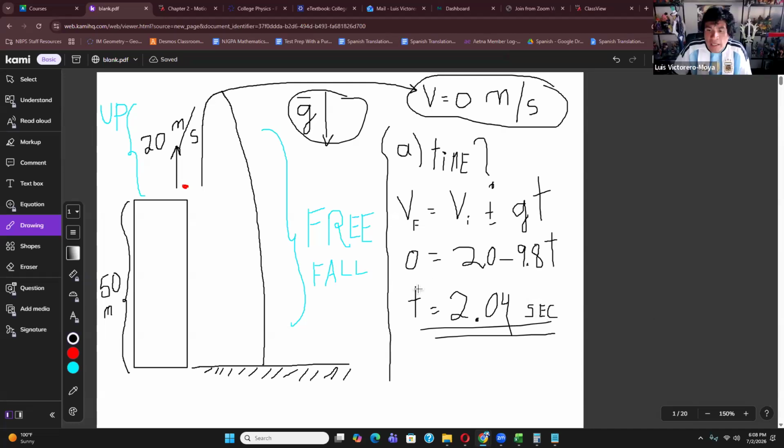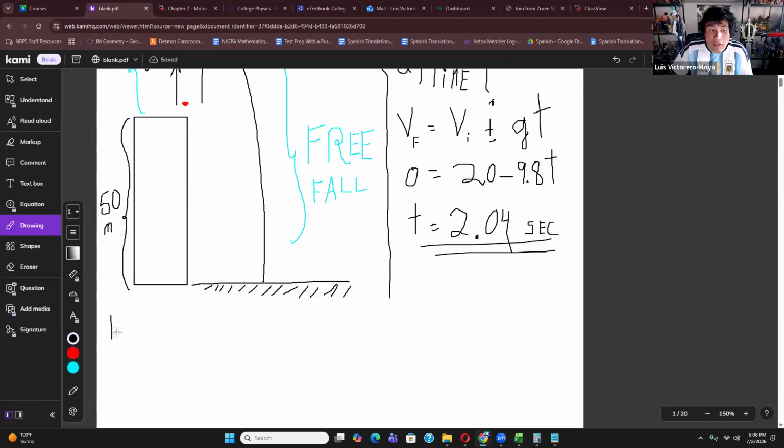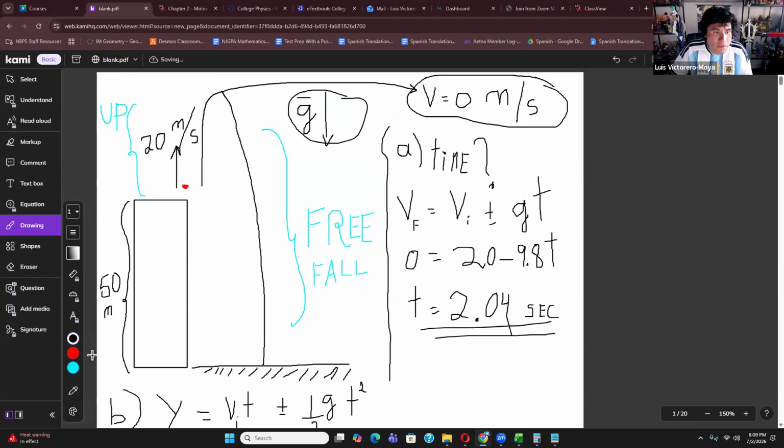Always use the easy equation or the most simple. For the maximum height, though, that's when you can use y equals V initial times time plus or minus 1/2 gravity times time squared, where y is this.